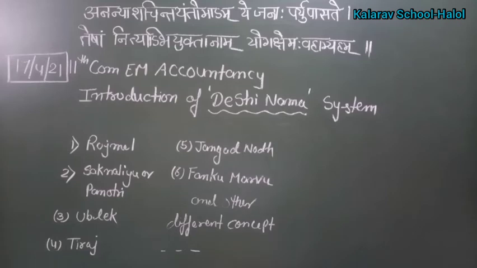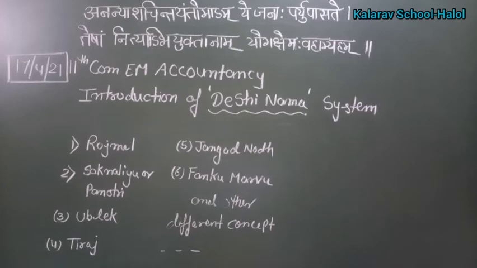In the Desi Nama system, there are different books like the rough book, that is called the Rojmel, Baitomel, Petanod. Apart from that, the ledger is there, which is called the Khata Wahi. In the Desi Nama system, different books like a sales book or purchase book are not maintained.